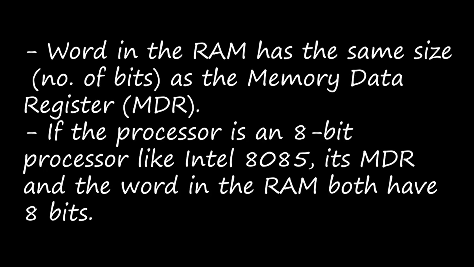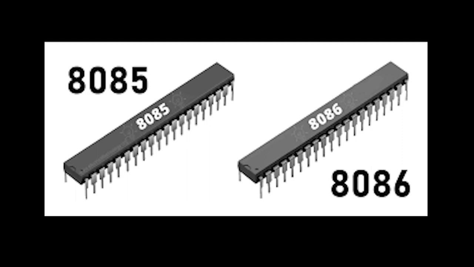Next we'll see about the memory data register. In this, the RAM and the memory data register will have the same size. Same size means the number of bits will be same. I'll say it for an example. If you take the processor Intel 8085, it is an 8-bit processor, right?